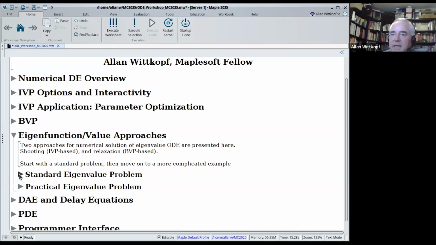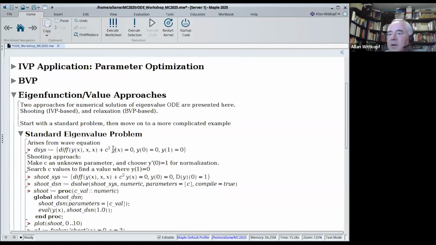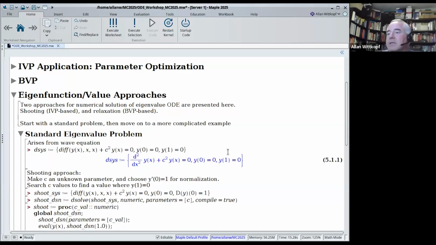The first one is just to get a feel for, okay, what can we do? This is probably the first eigenvalue problem that people see in a course, the good old wave equation, where we have y double prime plus c squared y is 0, with conditions y is 0 on the left and y is 0 on the right. This naturally admits the 0 solution, which is very uninteresting.